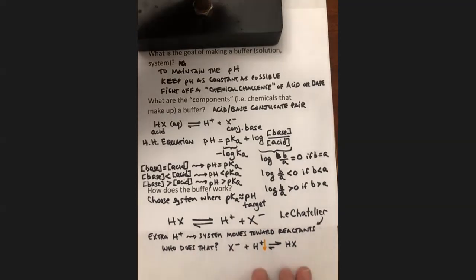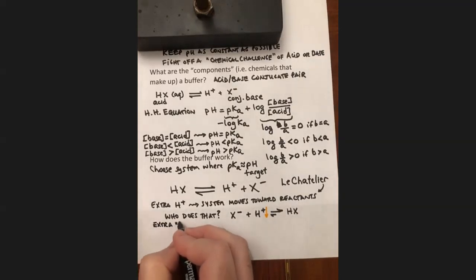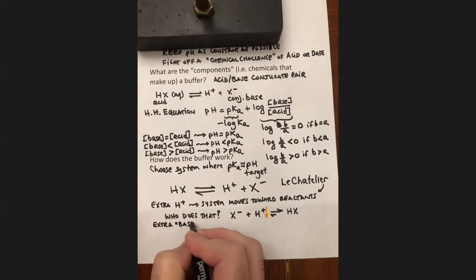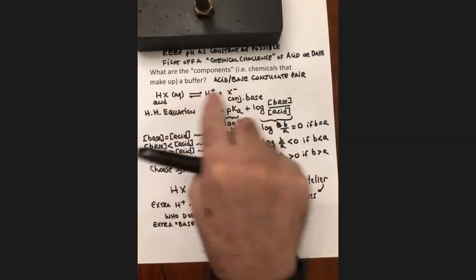All right? Now here's the one that's sometimes tricky. What if I add base? Now, when we use these expressions, extra acid or add base, we don't mean changing these guys. Remember, these are weak acids and bases.